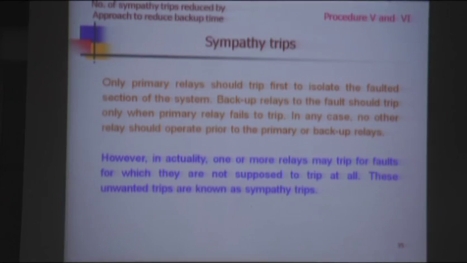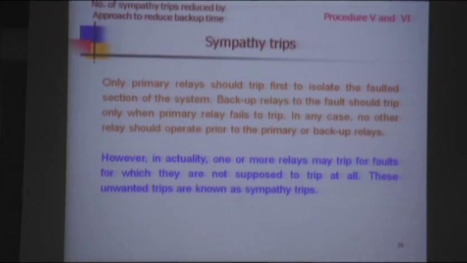Only that small part's light should go off. But what happens in the system is that the fault occurs here and the relay trips somewhere else, let us say near Sanganer. So unnecessarily the Sanganer people get disturbed. This is known as a sympathy trip, that somebody is in distress and somebody else is showing sympathy. So this should not be possible. Rather, this should be avoided.